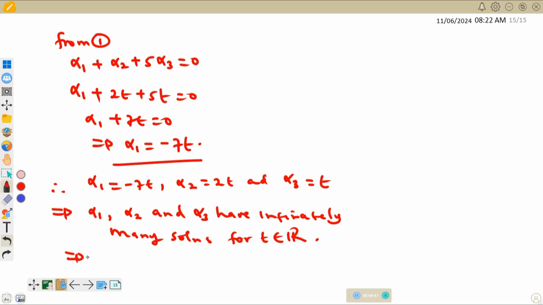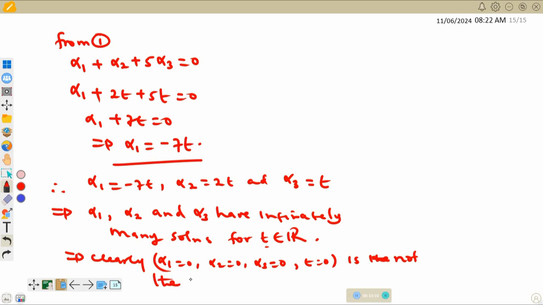That is what you get when you take t equaling 0. It is not the only solution.